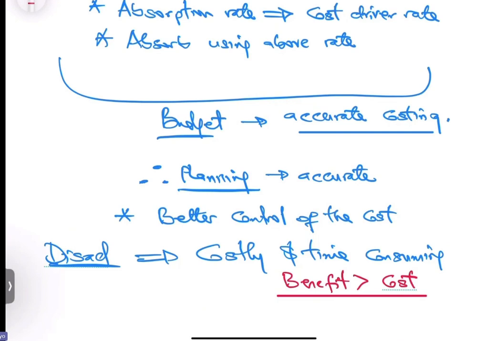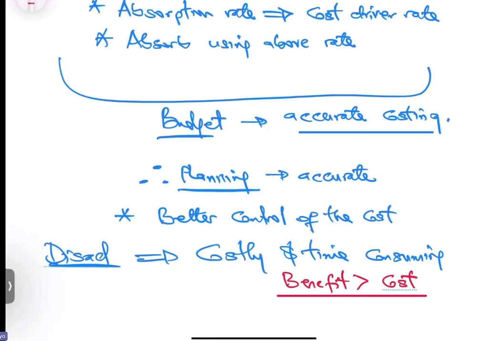And if you remember, there was one question we solved under ABC where whether you use ABC or use the traditional absorption method, the unit cost of the product is the same. And we said, don't use ABC, because if ABC is going to give you something just slightly different from what traditional costing will give you, what's the point? It's a lot of work to use ABC.